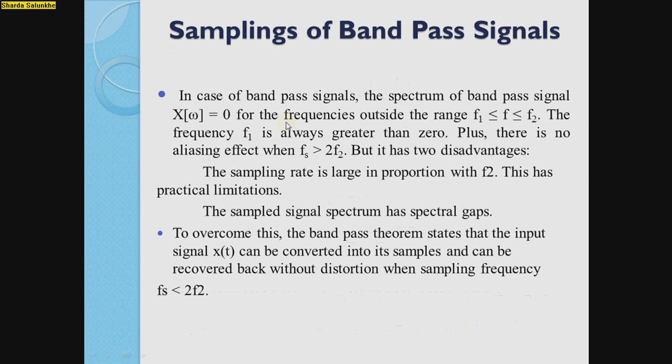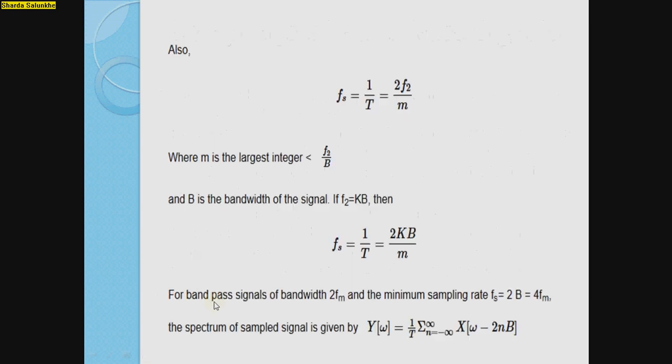Sorry, fs is less than 2 f2, so this is okay with this equation. So fs is less than 2 f2, so you will get the original signal. Here f2 is the maximum frequency, so with sampling frequency less than 2 f2, you will get the original signal.